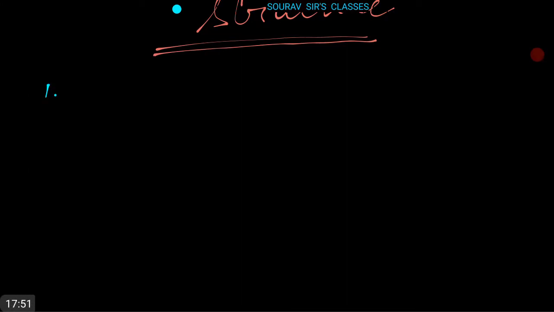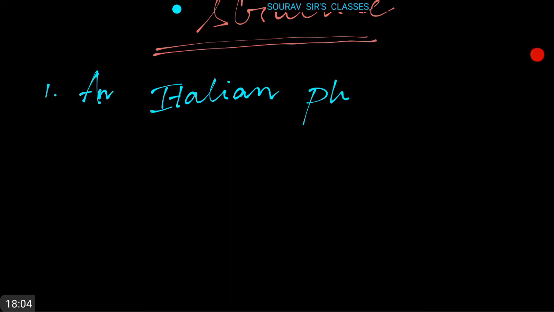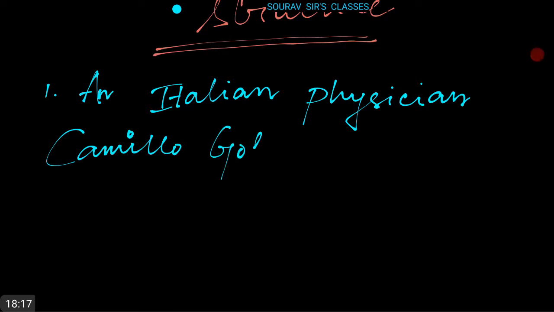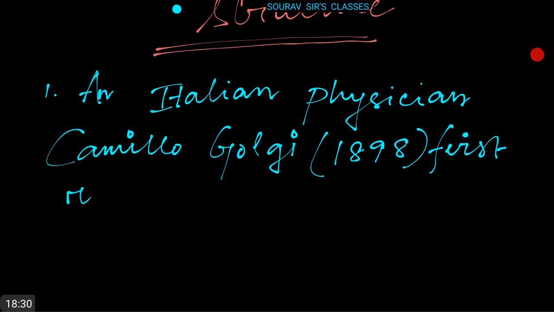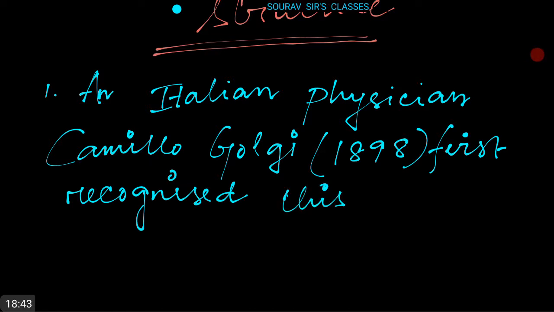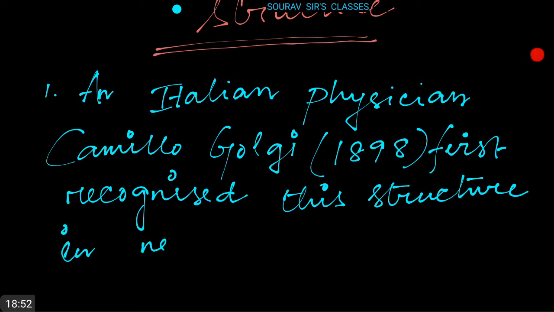So, an Italian physician Camillo Golgi in 1898 first recognized this structure in nerve cells.